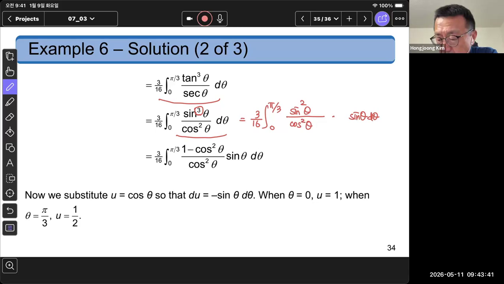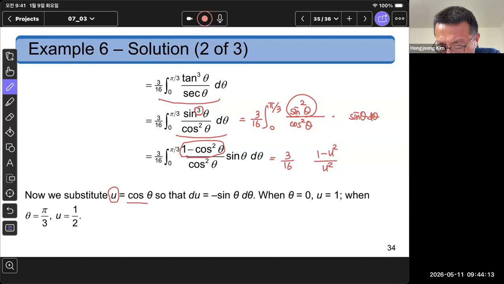And then this sine theta squared will be replaced by 1 minus cosine theta squared. If you substitute u for cosine theta, then sine squared will be 1 minus u squared, and cosine theta squared will be u squared.